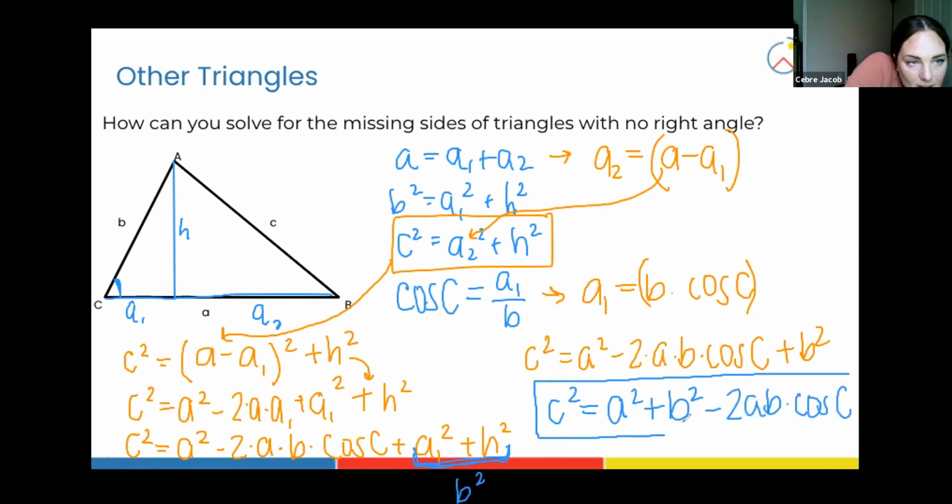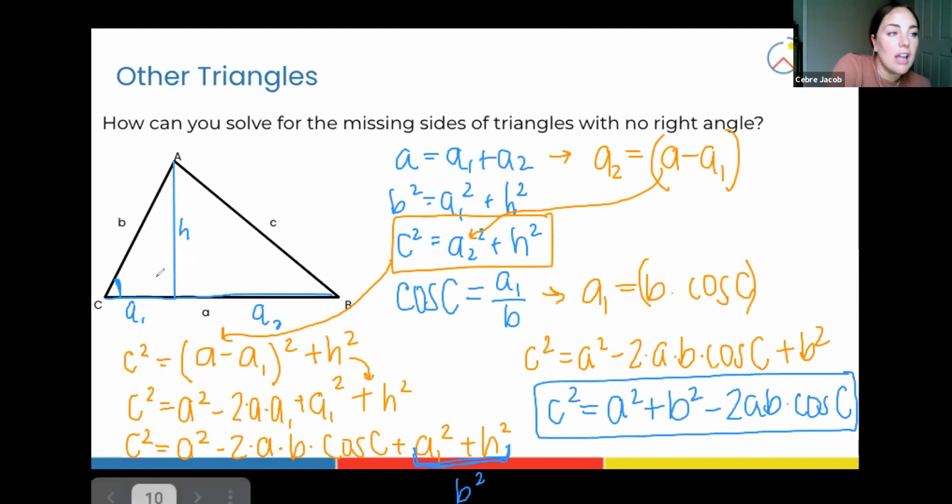That's it. This is how we created a right angle in there so that we could use our trigonometric ratios. And this formula will let you find a side or angle of a triangle if there's not a right angle in it already.